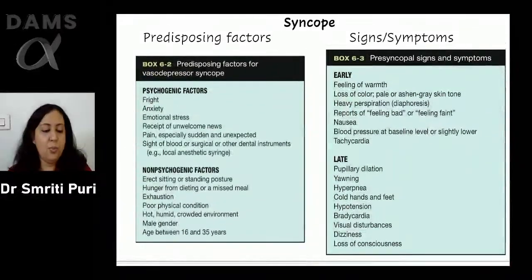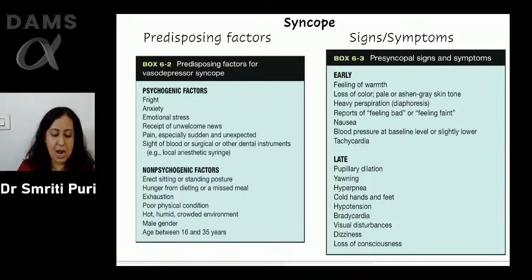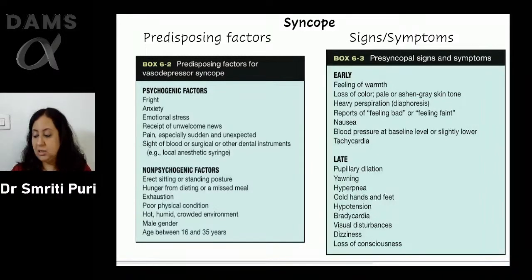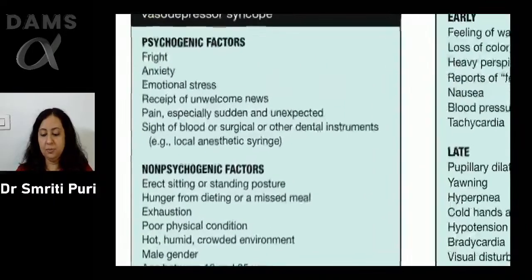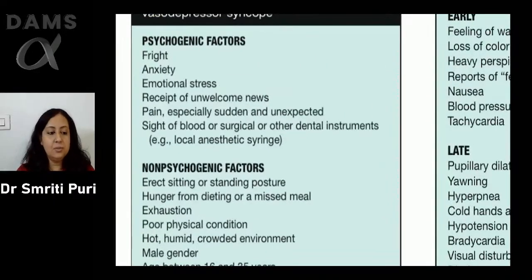Now let's see a few points about syncope. You all can add this into your notes. Okay. I've picked this from the Malamed Handbook of Medical Emergencies in the Dental Office. So first of all, let's see what are the predisposing factors for syncope. They include fright, anxiety, emotional stress.